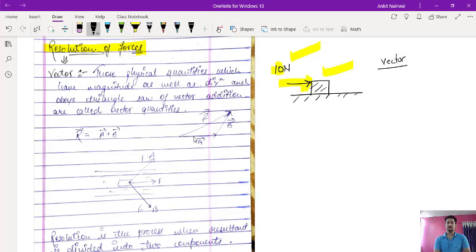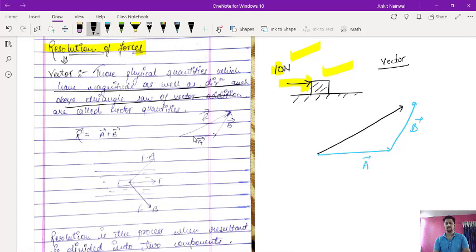Vector quantities are physical quantities which have magnitude as well as direction and obey the triangle law of vector addition. So what is the triangle law of vector addition? It says that if this is vector A in this direction and this is vector B in this direction, then the resultant of these two vectors will be this.